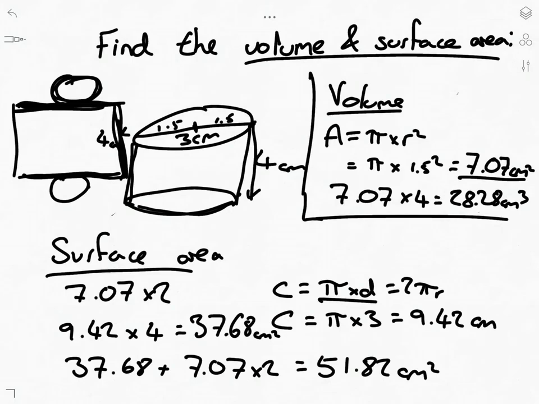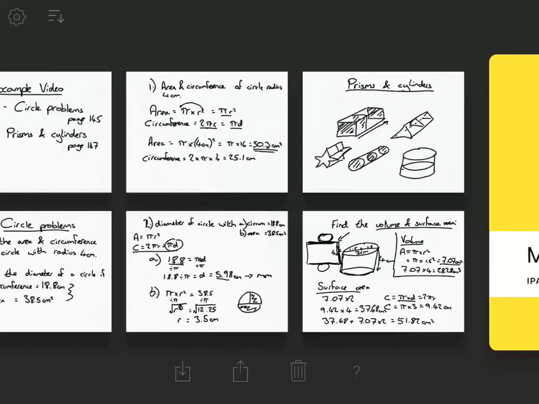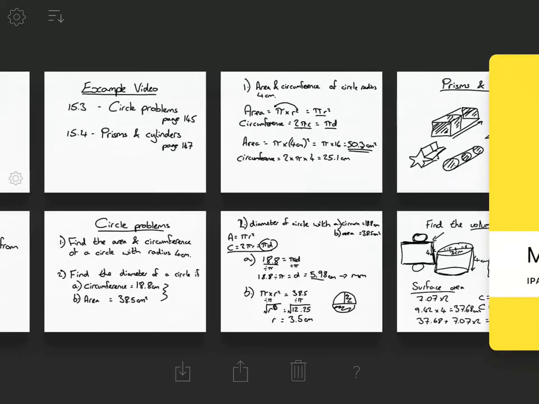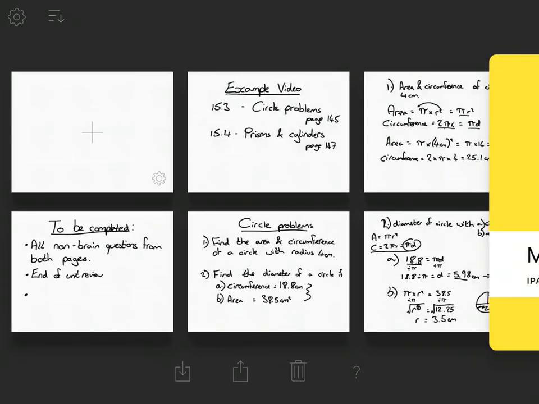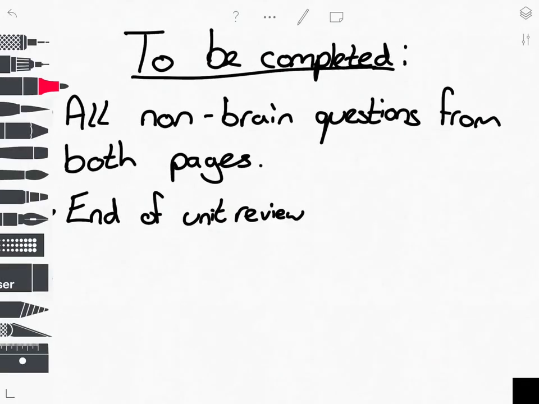So sometimes you'll have to imagine this net to help you out. You have to think about which areas make up this surface area. So you've got your cylinder one there, which might be a bit more tricky, but rewatch the video. It'll help you out. You can remind yourself what to do. Again, there's also examples in the book, which will help you as well.